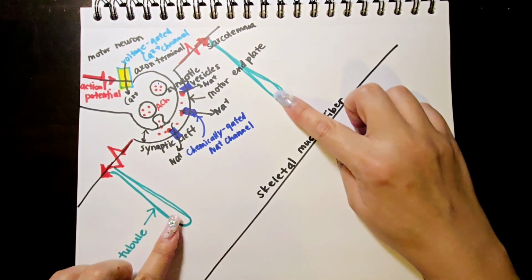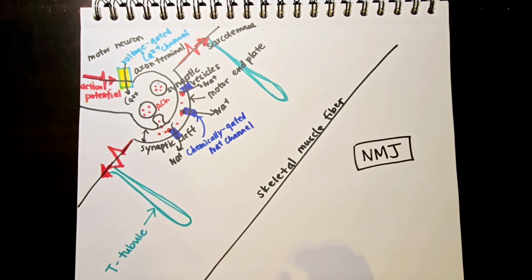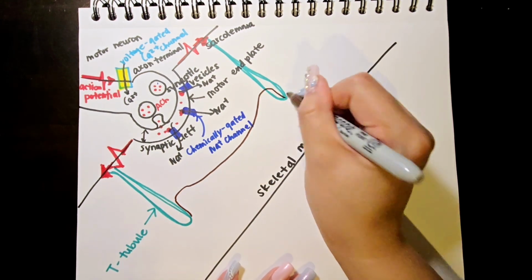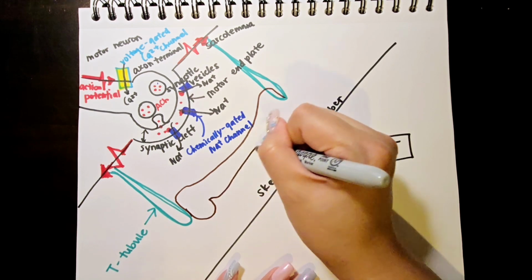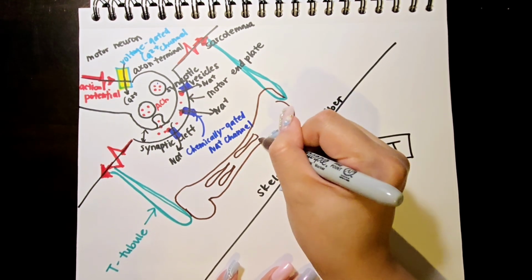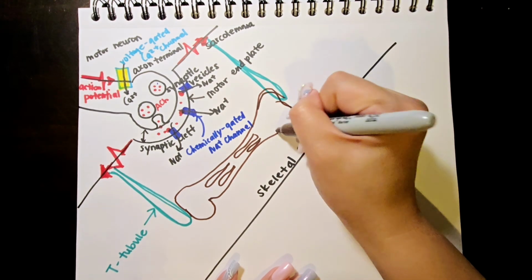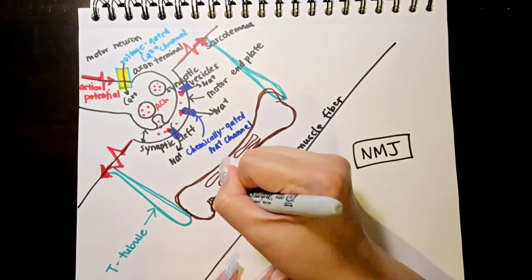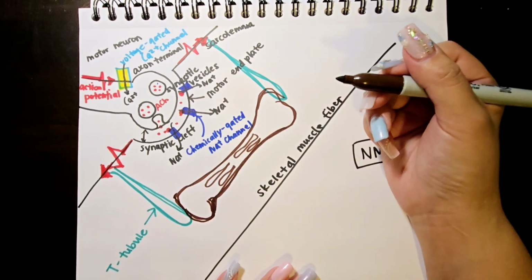And between two t-tubules, we have another structure right here that looks like a little meshy thing where there's holes in between, and a little expanded region towards the end where it touches the t-tubule, okay?